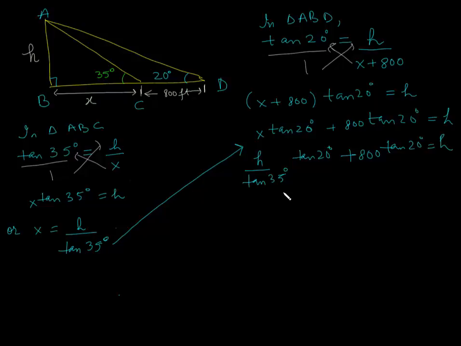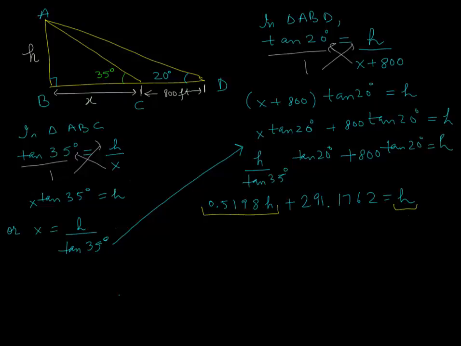So tan 20 divided by tan 35 is 0.5198. Let's put that in. 0.5198 h plus 800 tan 20, so 800 times tan 20 is 291.1762, equals h.